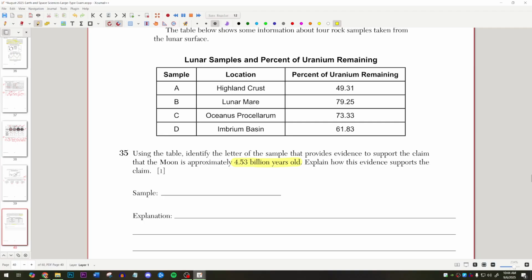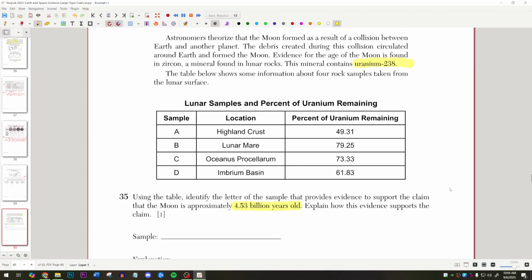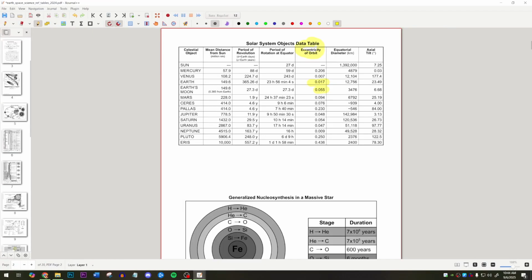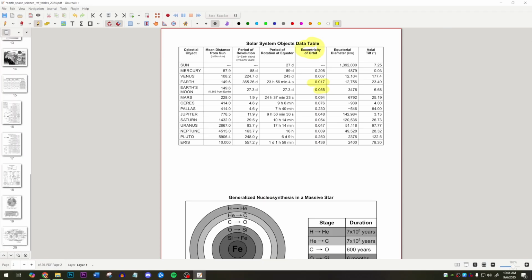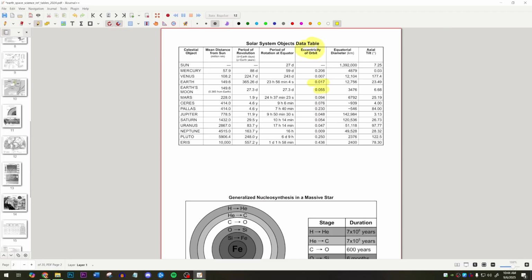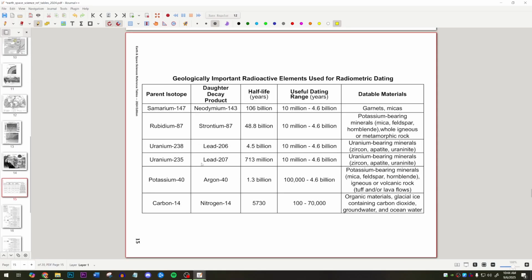So this is going to be our 4th reference table question, because we need to know the half-life of uranium-238. To do that, we're going to jump to the half-life page. Where is it? Here.